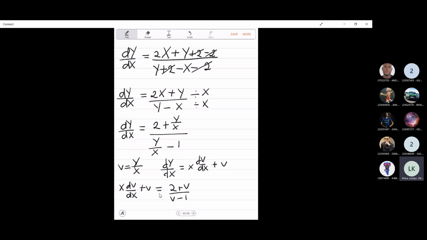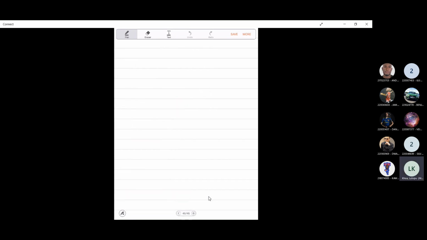Okay, then this v, we take it to the other side. We have x dv dx. This is 2 plus v and then minus v times v minus 1 over v minus 1.